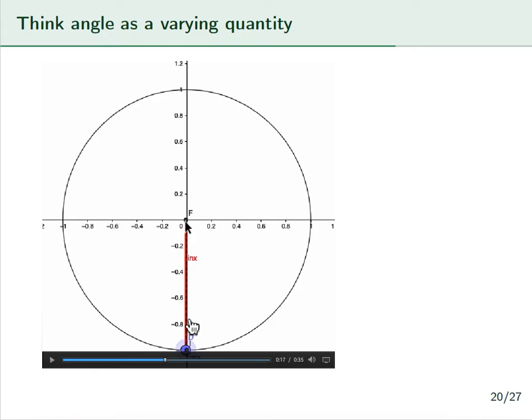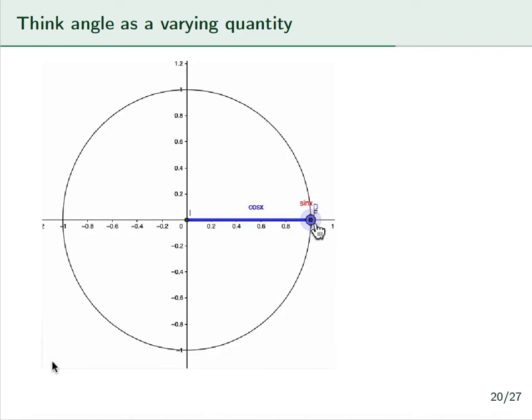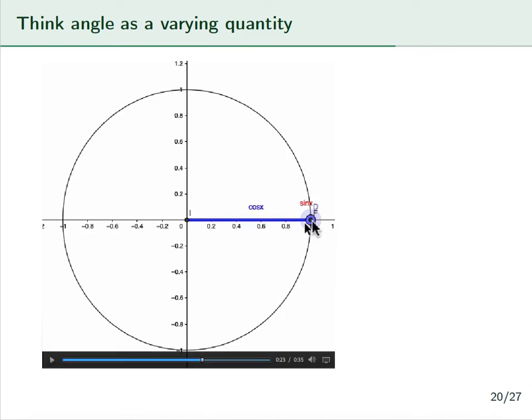The distance between the horizontal diameter and the terminal ray is negative 1, and cosine length is 0. And here both are increasing. Then we have cosine value at this angle is 1, and sine is 0.